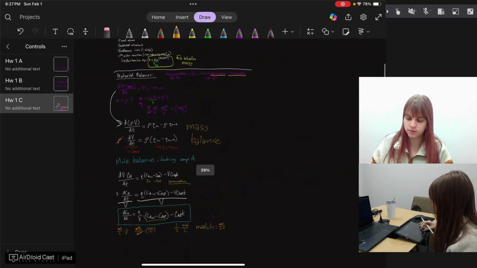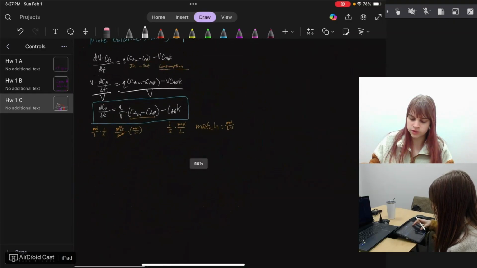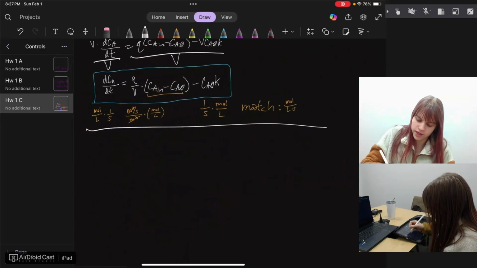Now that we have the material balance, we are going to want to do the energy balance.